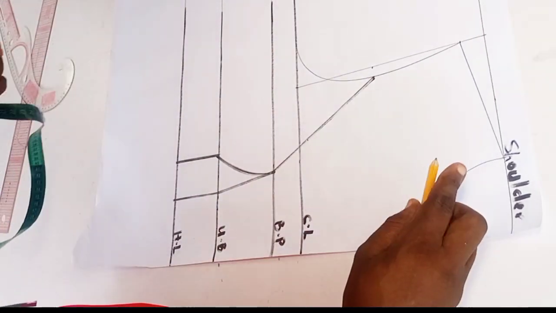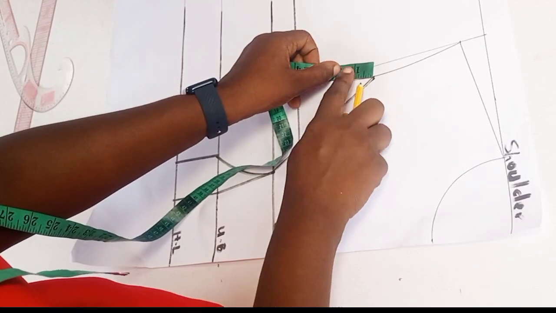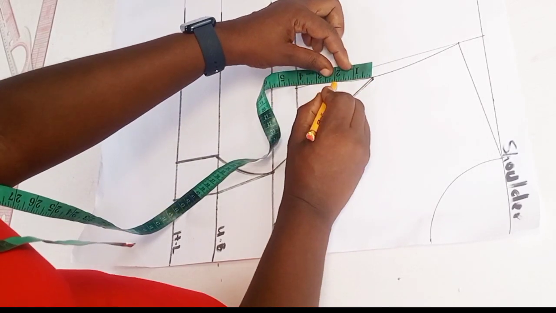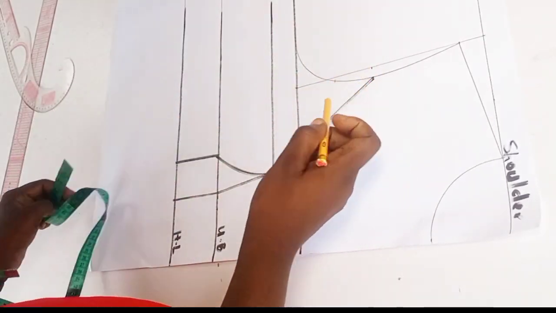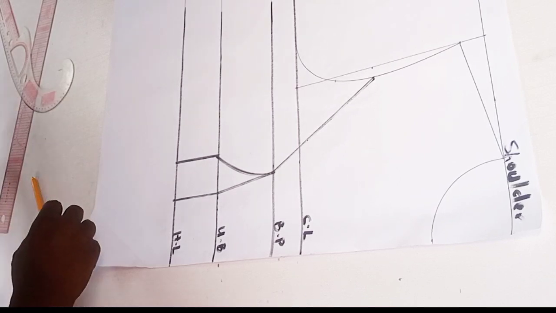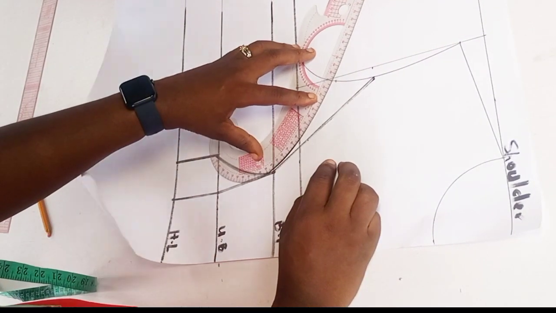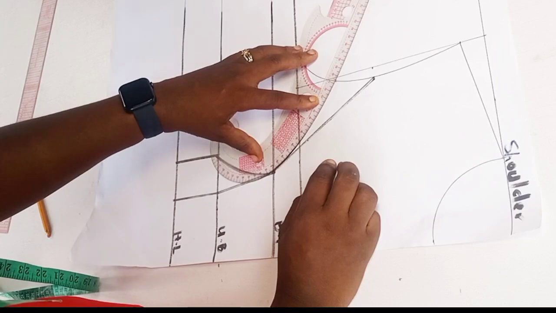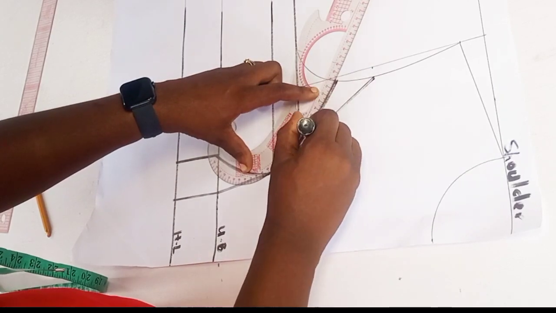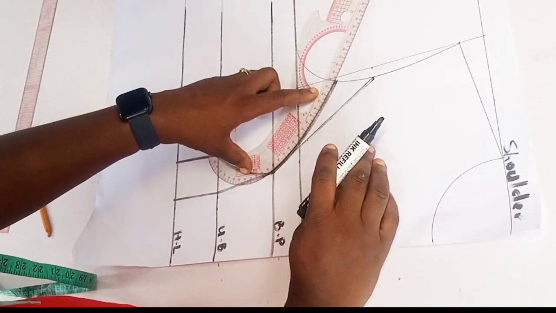And then from my mid armhole, I'll come down by 2 inches, and then I'll connect the 2 inches point to my bust point. So I've gone ahead to do that.